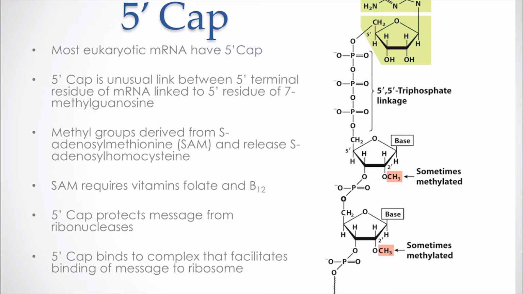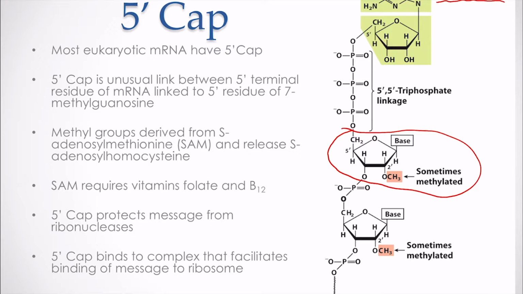Now, our 5' cap is actually very interesting. Our 5' cap is going to be a unique linkage at the 5' end of our RNA. So this is the 5' end. We have that base. And then we're going to want to add guanosine. And this is a special guanosine. It's been methylated at its 7 position, shown up here.